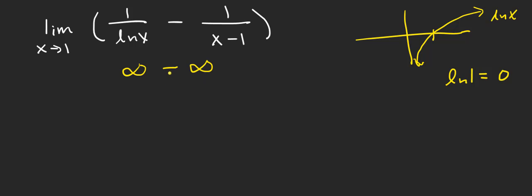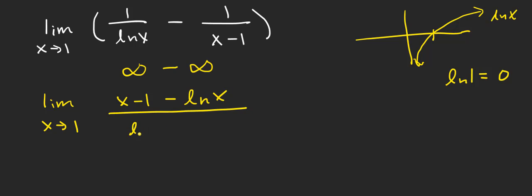So in this case, you probably want to use the LCD and subtract the fractions. So you end up getting limit as x goes to 1, using the LCD, x minus 1 minus natural log of x all over natural log of x times x minus 1. Okay, let's plug in 1 and see what happens. Well, unfortunately, now you get 0 over 0.